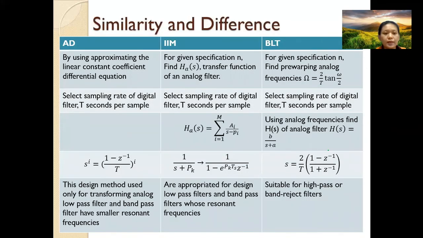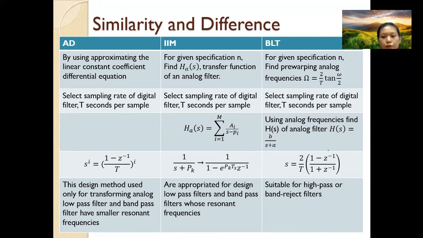Lastly, we want to compare the similarity and the difference between AD, approximate derivative method, IIM, impulse invariant method, and also BLT, bilinear transformation. For approximate derivative, AD, we approximate the linear constant coefficient differential equation. For IIM, we use a specific n to find our H(s), the transfer function in analog.